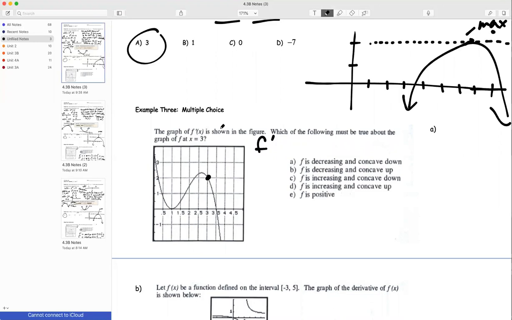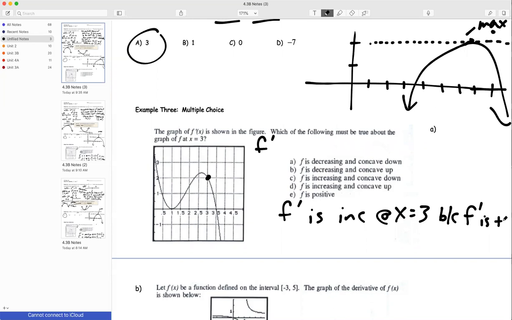So I know that at 3, f prime is positive. Okay, so looking at this, this is a graph of the first derivative.